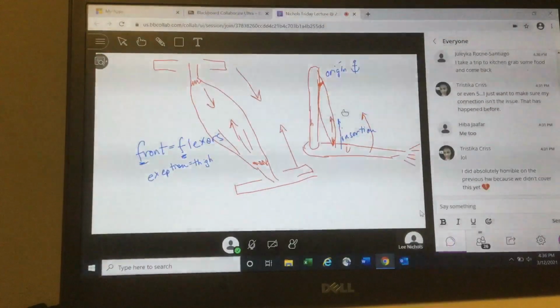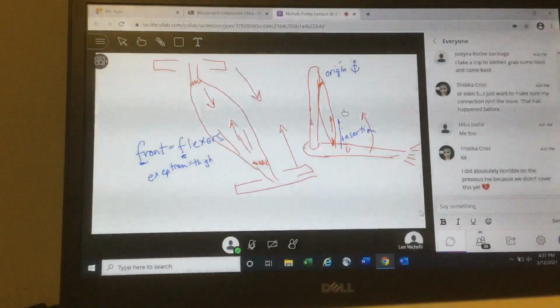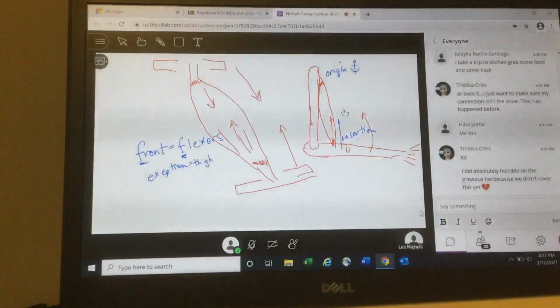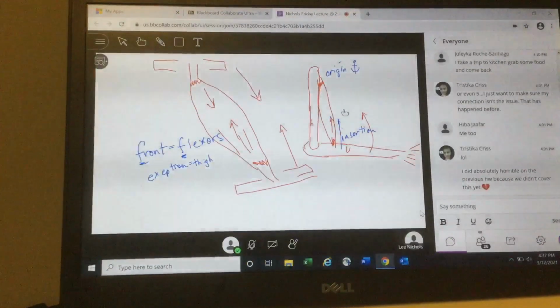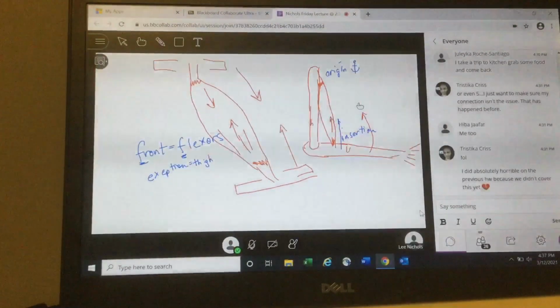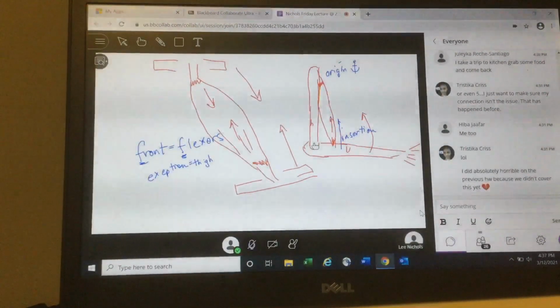That's called flexion. When your arm is in anatomical position down at your side, and then you curl your elbow, like you're bending it up to bring some food to your mouth or take a drink of something, that's flexing the elbow.